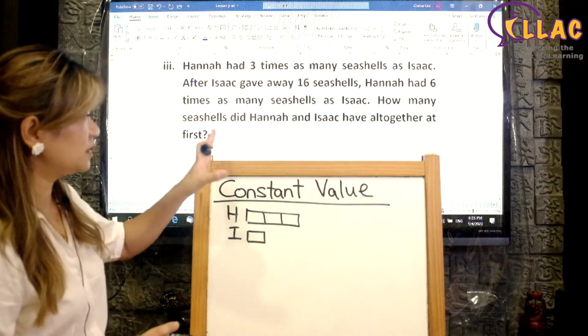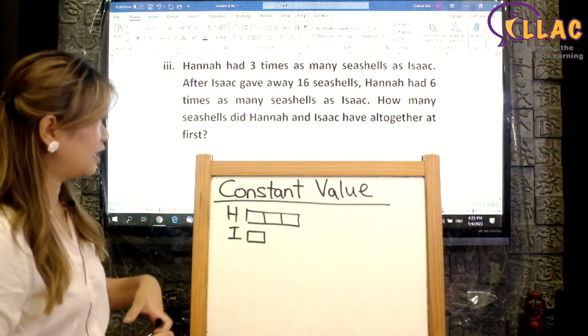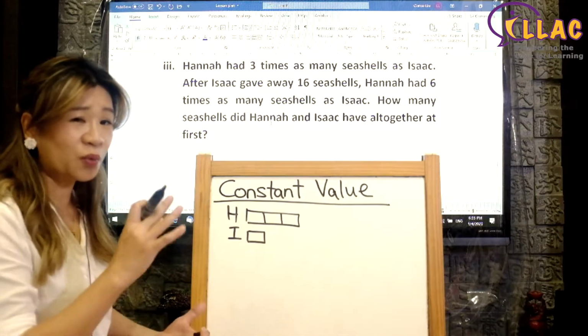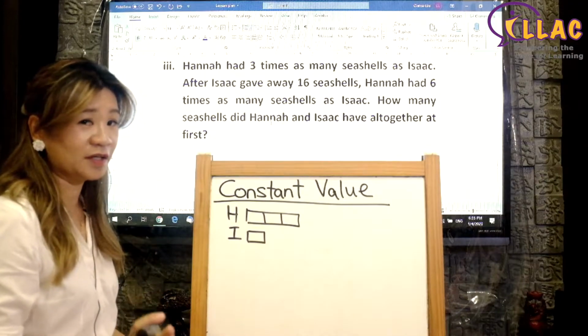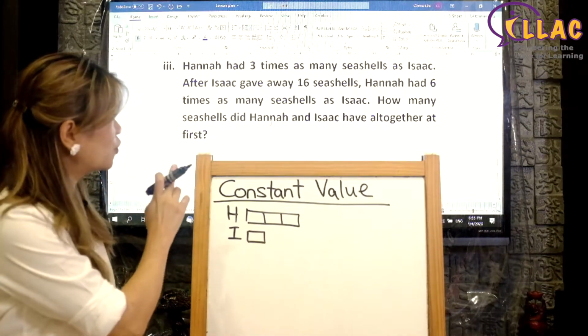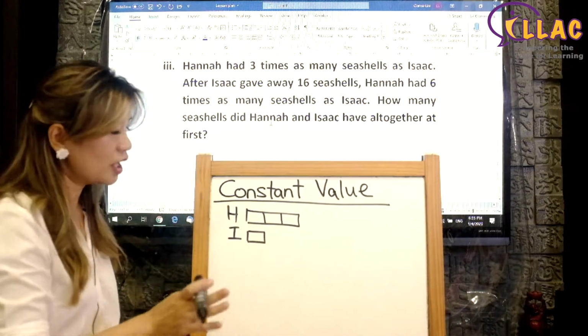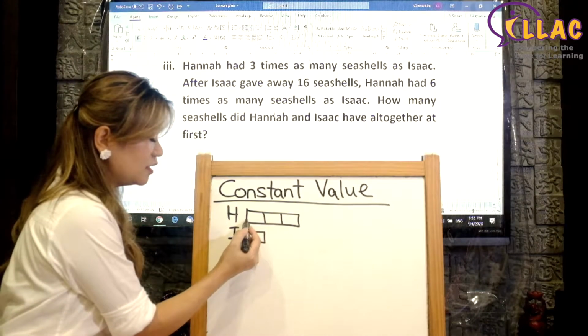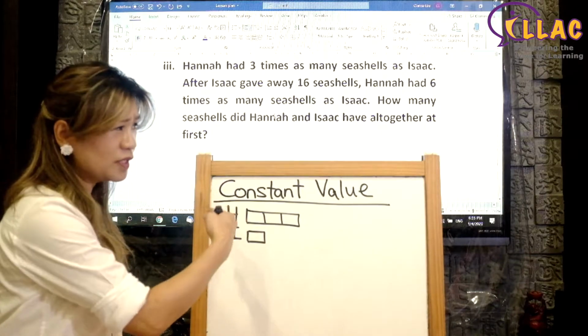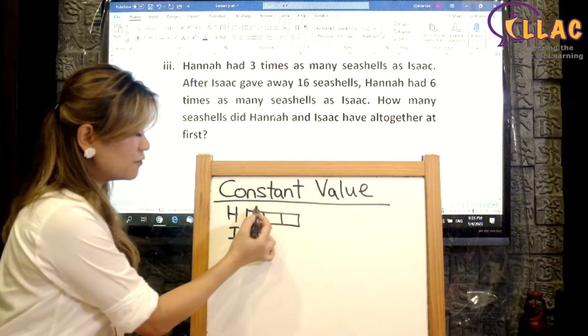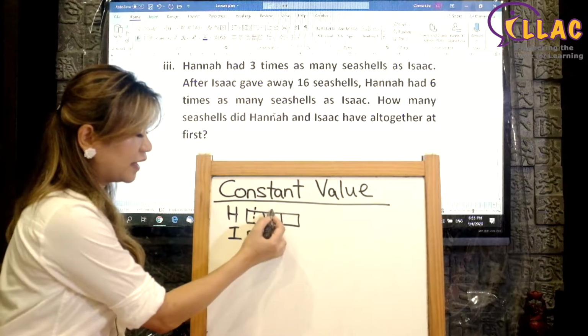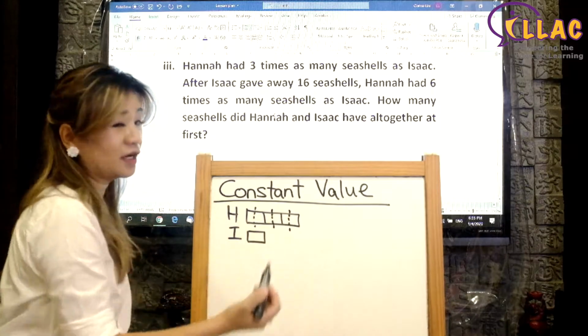Isaac gave away 16 seashells. Hannah became 6 times. So who is the constant value over here? Straight away you should know who changed. Isaac changed. Did Hannah change? Hannah did not change. But how did Hannah's 3 become 6? Most likely every single one of the 3 is cut into 2 parts. That's how you get 6.